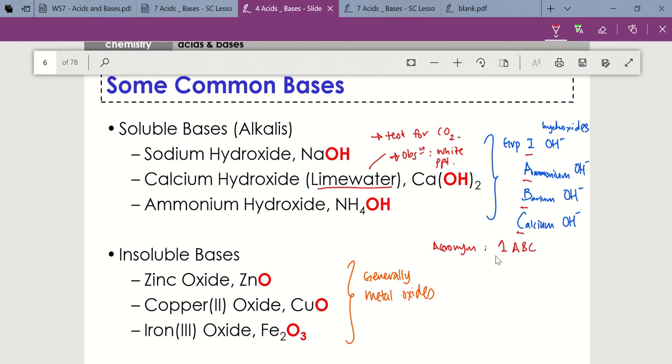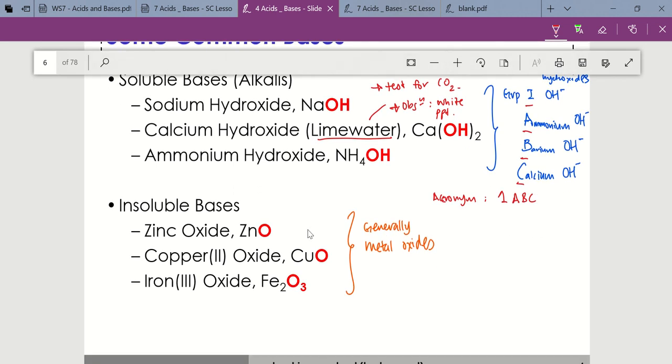You will see this acronym again under the chapter of salts. For insoluble bases, they would be the rest of the metal hydroxides that don't fall under 1ABC, and also the rest of the other metal oxides. So these are some examples.